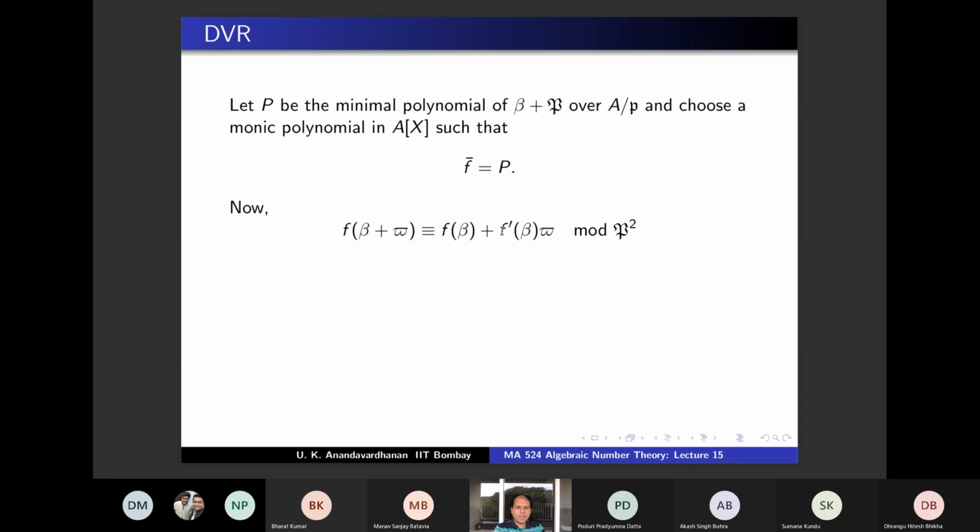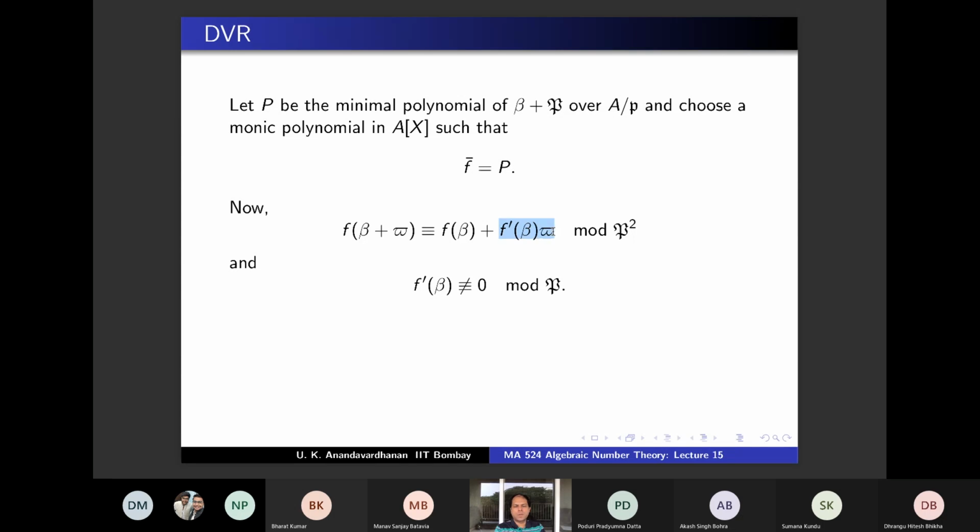You will get this, and you will get it in such a way that f prime of beta is non-zero mod p. So because f prime of beta is not 0 mod p, what is the valuation of this? Valuation with respect to capital P. Remember, pi is a generator of this ideal. So pi has valuation 1. So what is the valuation of this? This has valuation 1.